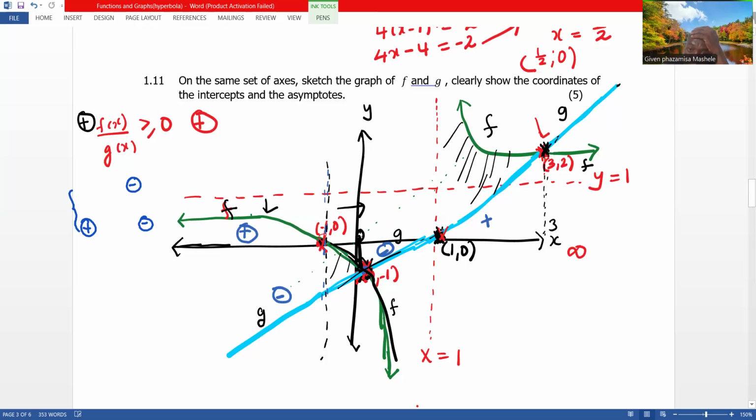And also from 1 up until infinity, they're both above the x-axis. But there's only one thing that we need to restrict, x equals 1, because at x equals 1, the graph of f does not touch. So it will be from minus 1 up until 1, excluding 1, or from 1 up until infinity.